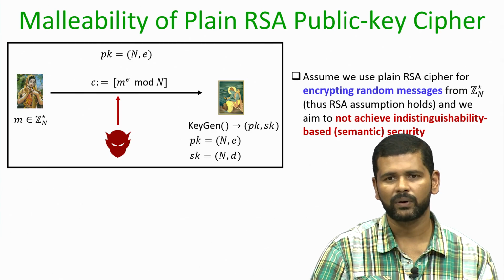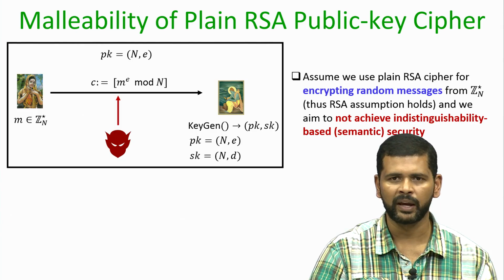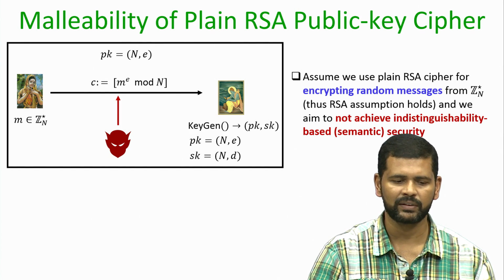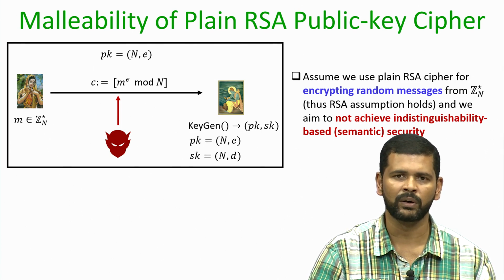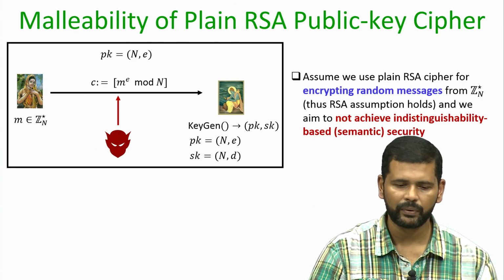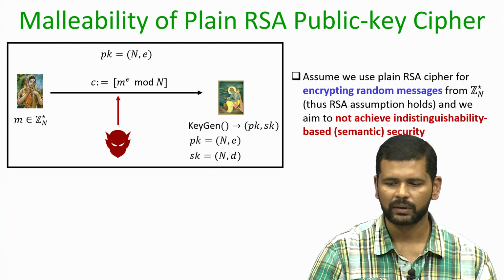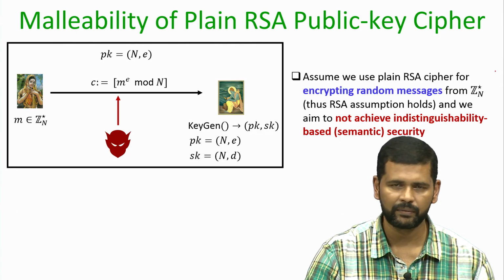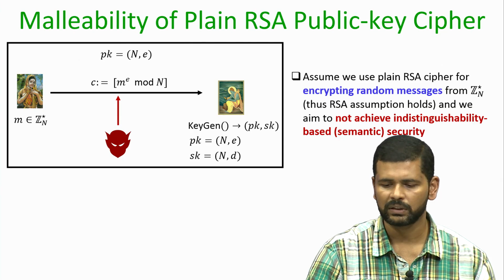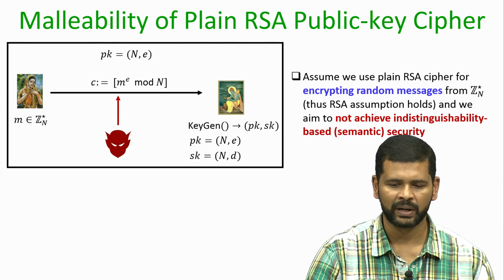And not only that, we also discussed that even if we do not aim for semantic security, namely it suffices if the adversary does not learn the entire underlying plain text in its entirety and we are happy with that, then even in that case there are several possible attacks which can be launched on the plain RSA public key cipher. So, we are going to consider the same requirement, namely we are happy with an all-or-nothing kind of security. We do not aim for indistinguishability based semantic security.